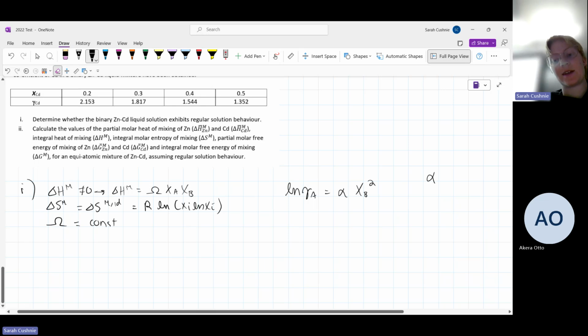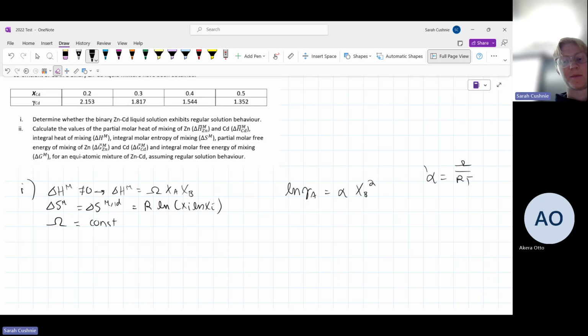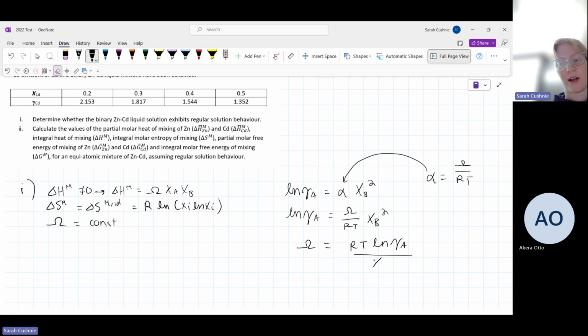So we remember that alpha is equal to omega divided by RT. We sub that in, and we can say ln gamma A is equal to omega over RT times XB squared. So if we solve for omega, we get omega is equal to RT ln gamma A all over XB squared.